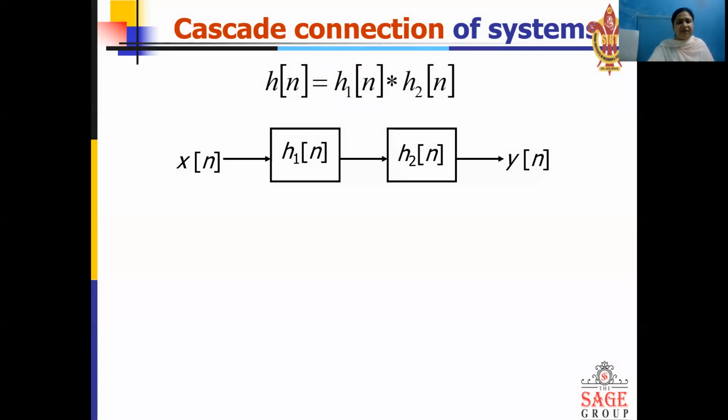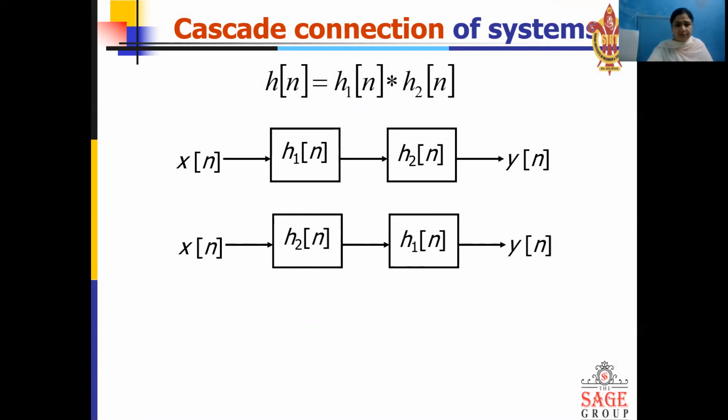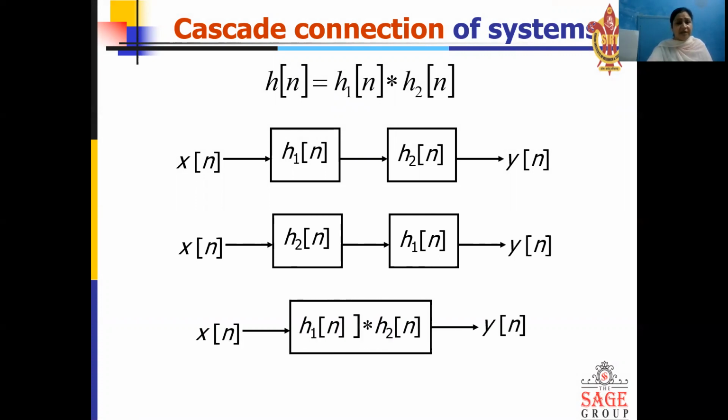Similarly, if I have two systems connected in cascade, say one having unit impulse response h1 n and the second having unit impulse response h2 n, then the resultant unit impulse response is given by the convolution of the two unit impulse responses, that is h1 n convolved with h2 n.